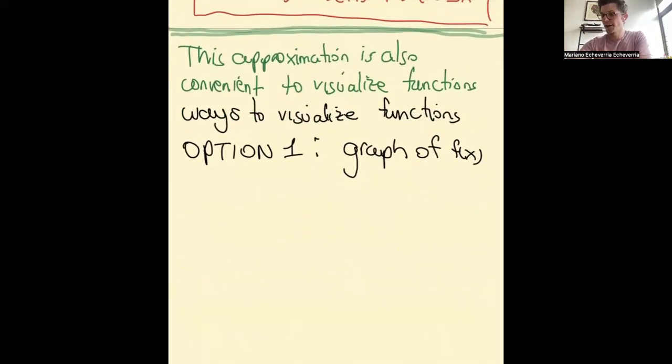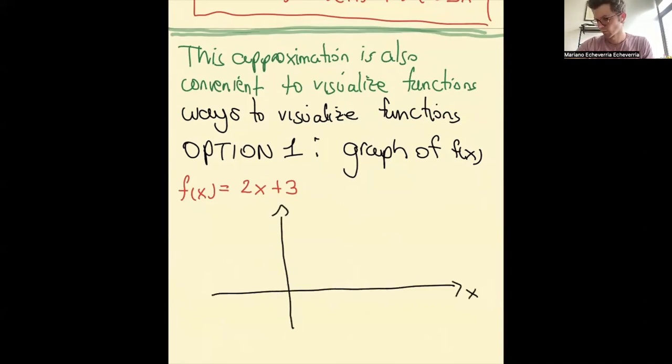So for example, if f of x is 2x plus 3, well, you know that this is the equation of a line, right?